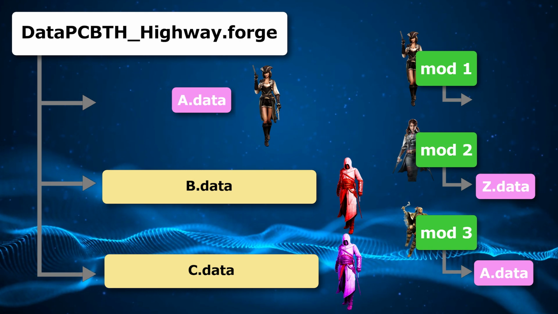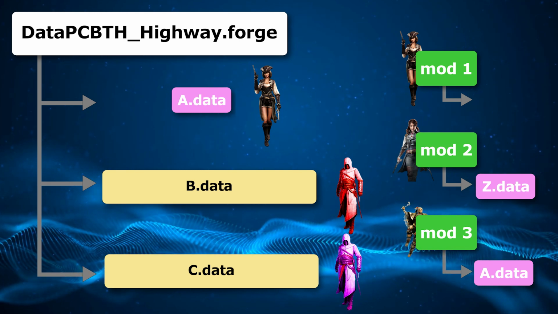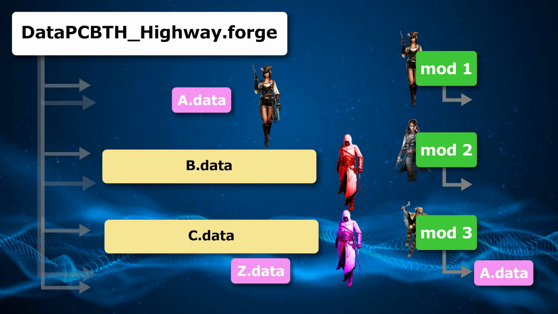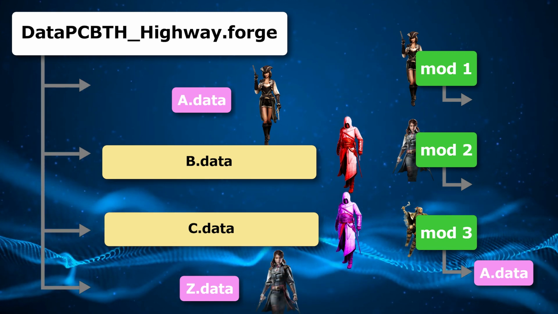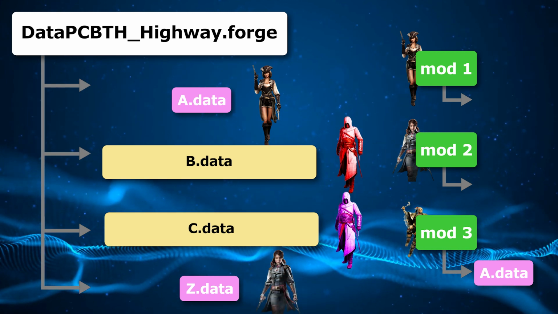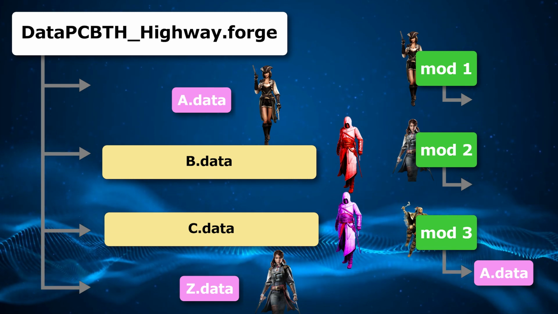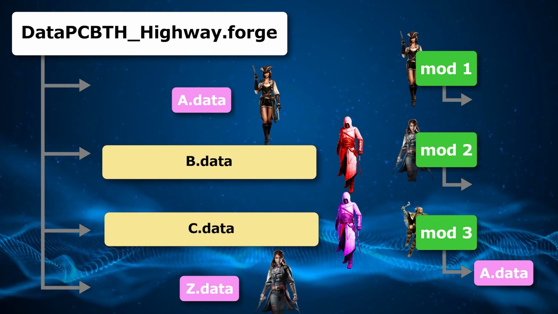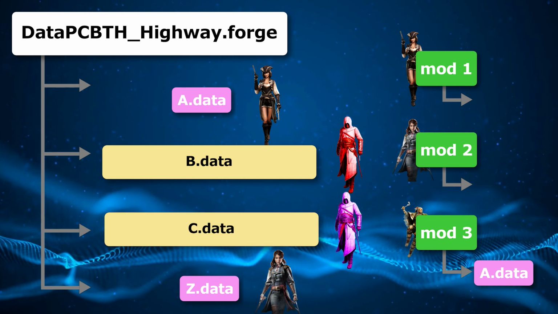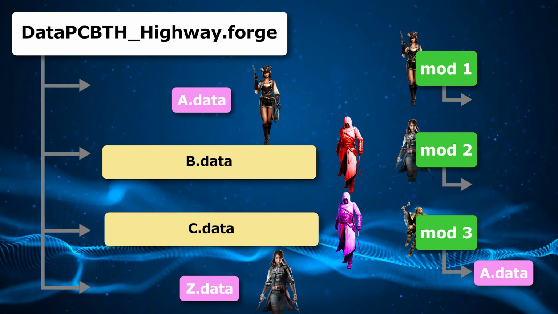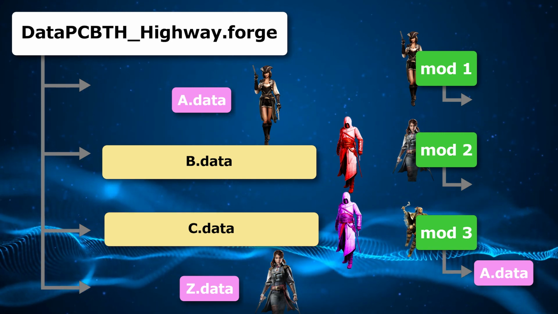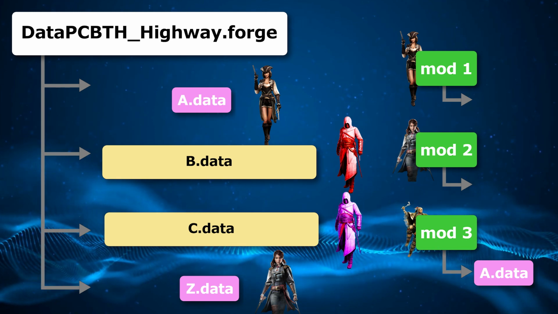Then we'll go to the second mod. The second mod adds a file to this forge file, which is data file Z. So now you don't have to worry about it replacing any files, so you can also add it to that forge file. So now you have mod 1 and mod 2 in that same forge file. But mod 3 is different.